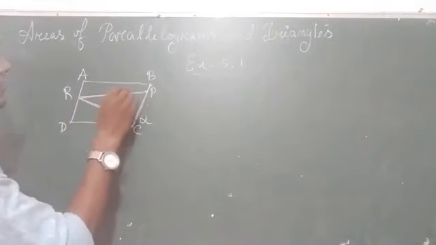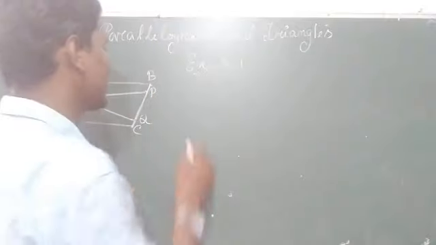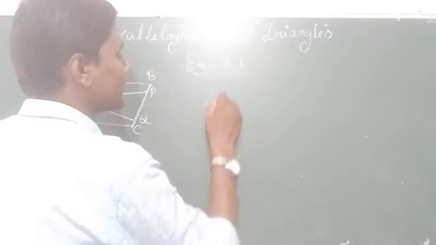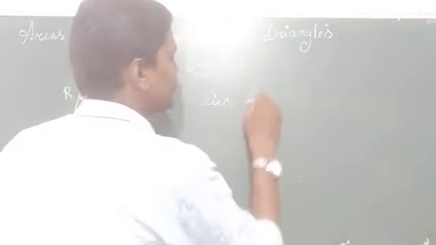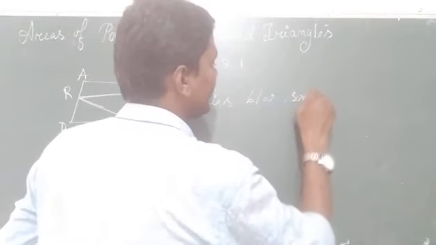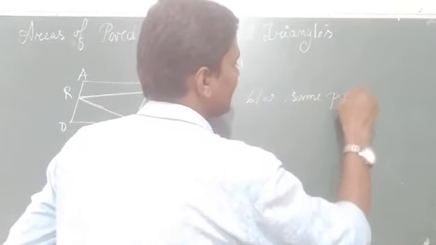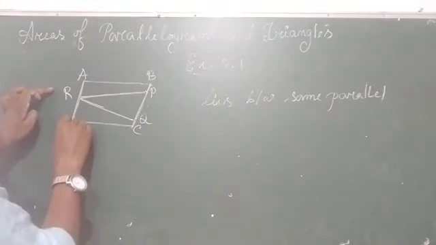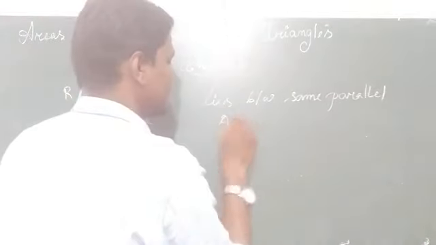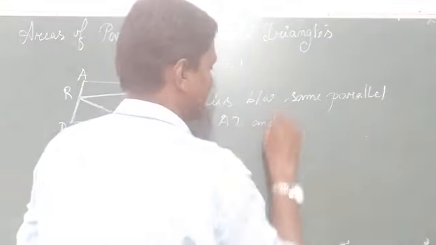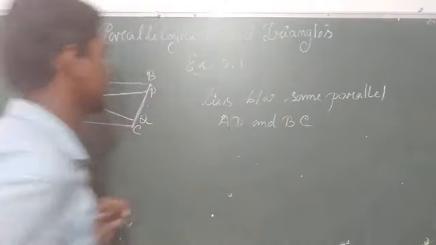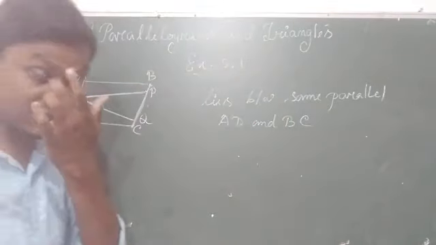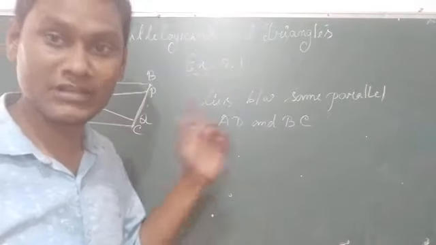Now these two figures, the triangle and the parallelogram, lie between the same parallels, AD and BC. They lie between the same parallels but not on the same base.